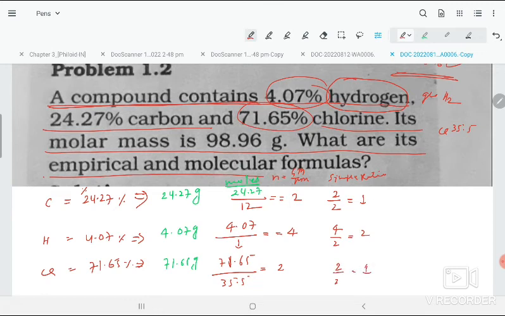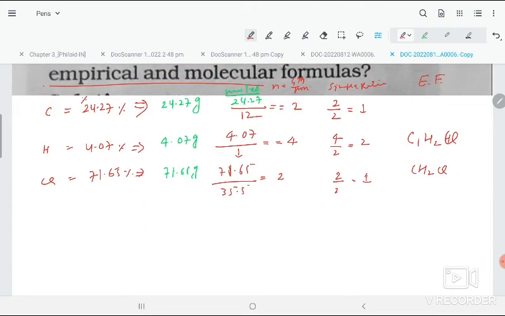There are no fractions as such, so we can write the empirical formula. Carbon is 1, hydrogen is 2, and chlorine is 1, so CH2Cl. Now one more important point: the n factor is molecular mass upon empirical mass.